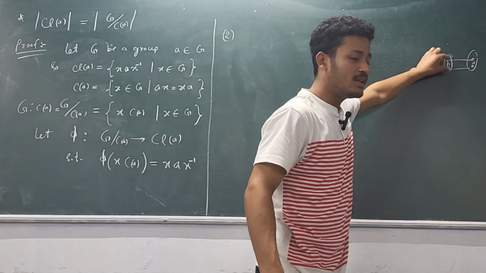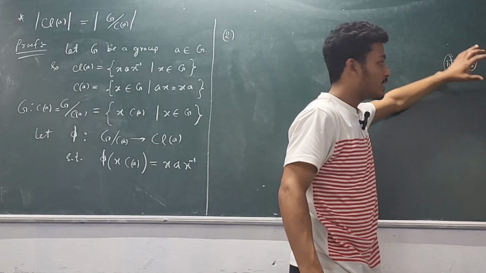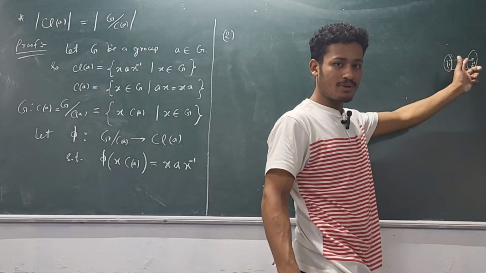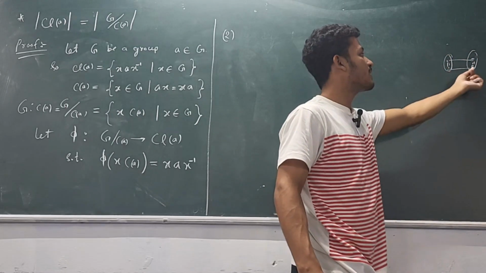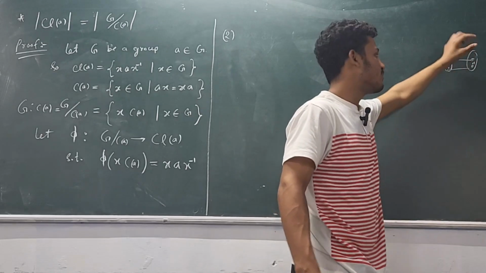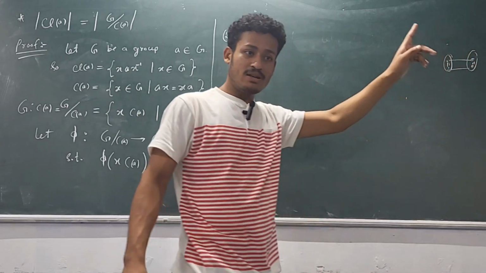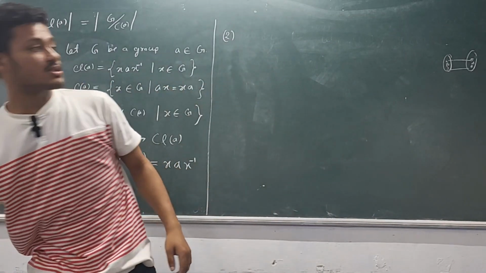Two different elements cannot have the same image. Different elements have different images. That is 1-1. That means if images are equal, then the elements must be equal. Okay, so that is 1-1.